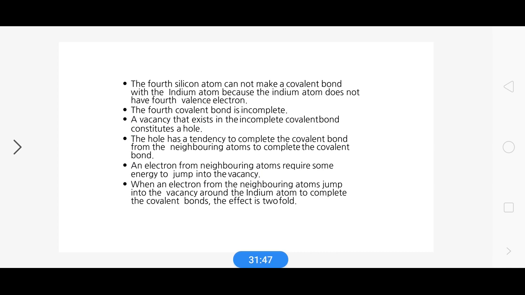An electron from neighboring atoms requires some energy to jump into the vacancy. And when the electron from the neighboring atoms jumps into the vacancy around the indium atom to complete the covalent bonds, the effect is twofold.